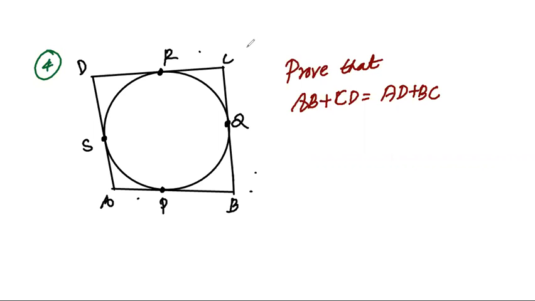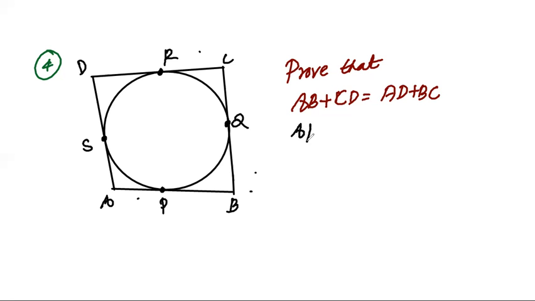All of you listen here. If you consider this figure, you can see that there are 4 external points to the circle. Point A is an external point, B is another external point, C is another external point, and D is also another external point. From the external point A, I can draw 2 tangents, which are AP and AS.